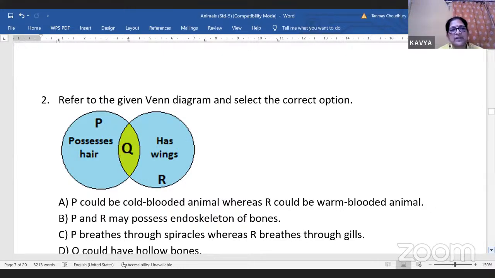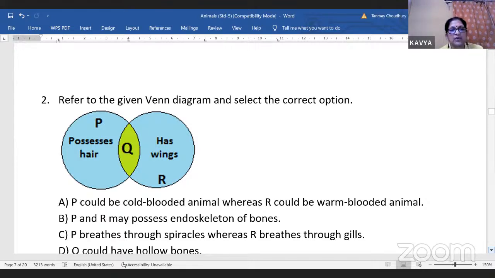Three animals have been taken, P, Q, and R. P possesses hair, R possesses wings, and Q is something that has got hair and wings. So this is common. So here, what can be the answer?